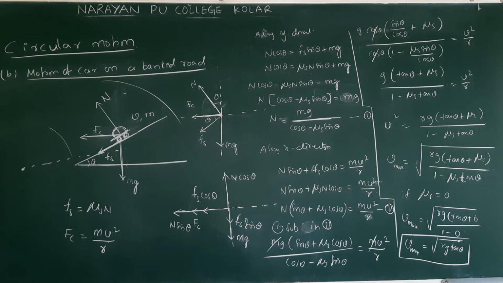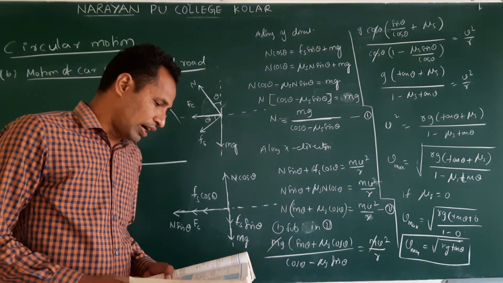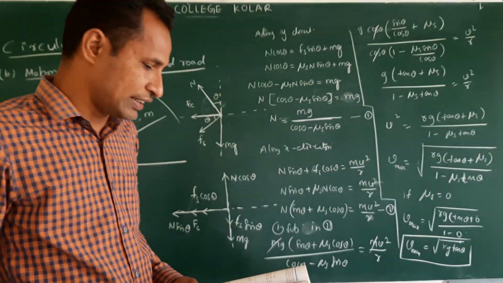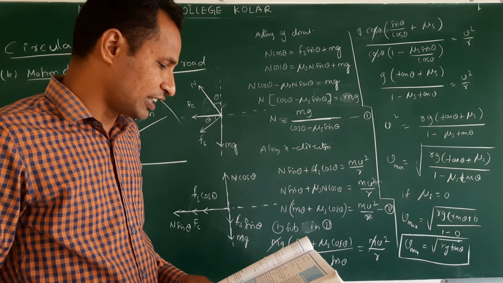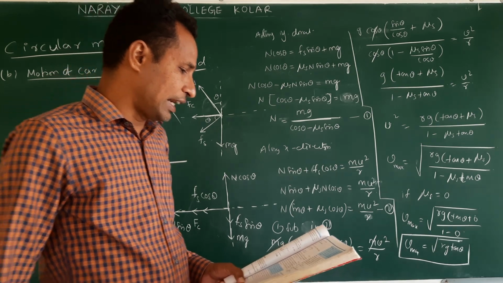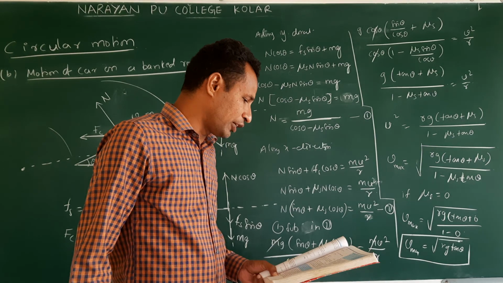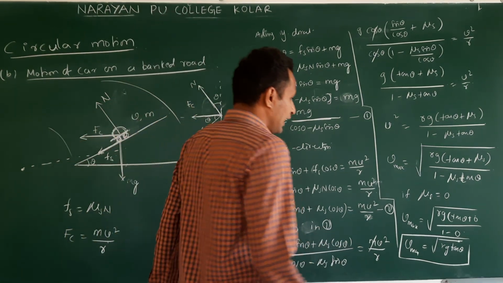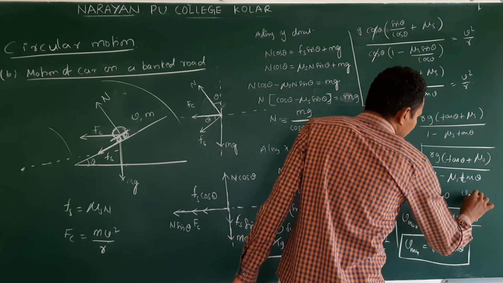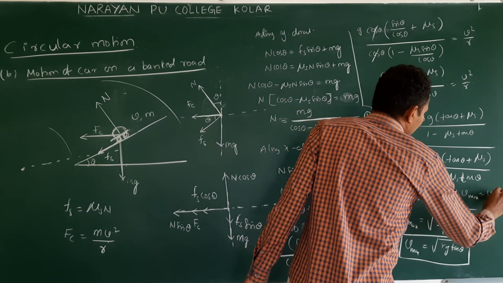Here what did they mention? At this speed, frictional force is not needed at all to provide the necessary centripetal force. Driving at this speed on a banked road will cause little wear and tear of the tires. Then V max we will take as V naught.